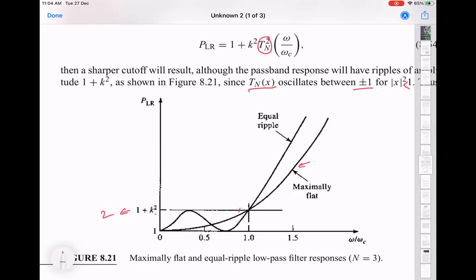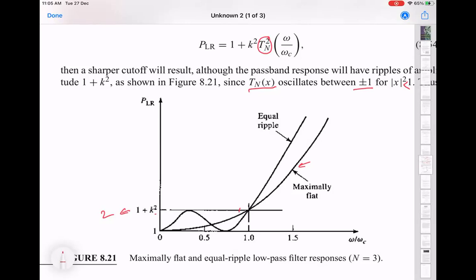So the order of the Chebyshev polynomial you're using. It's called equiripple because these ripples, which are basically the small changes in the amplitude, are always of the same magnitude. They go from 1 to 1 plus k square. Okay, because Tn goes from plus minus 1.